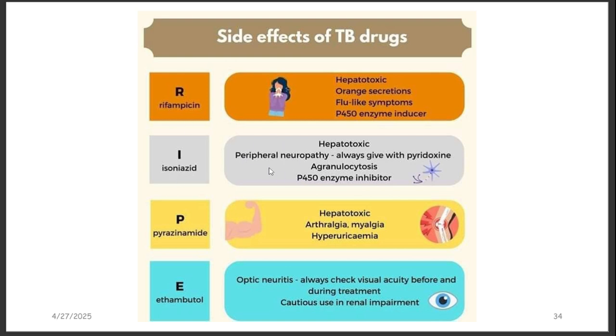Besides that, isoniazid is also a liver enzyme inhibitor, and it is also going to cause agranulocytosis, a reduction in the granulocytes.